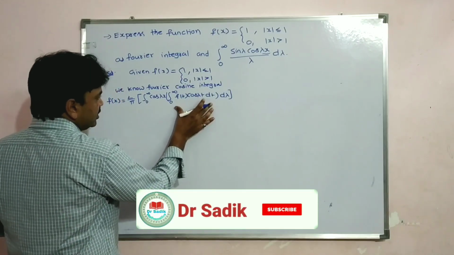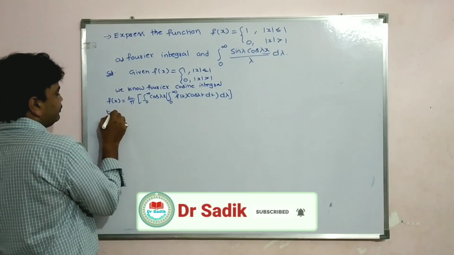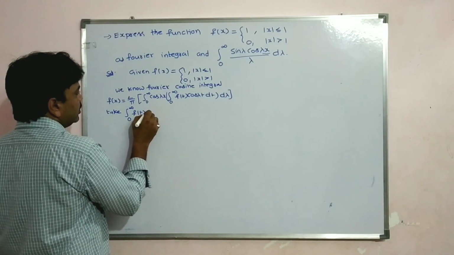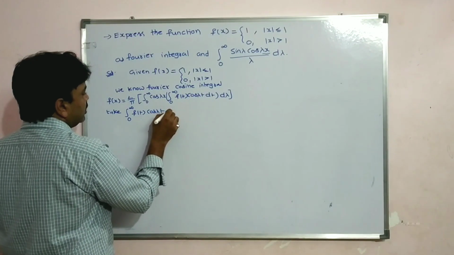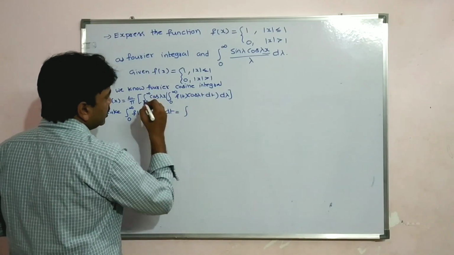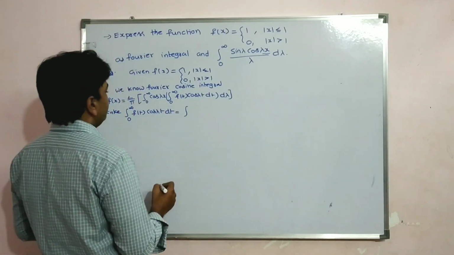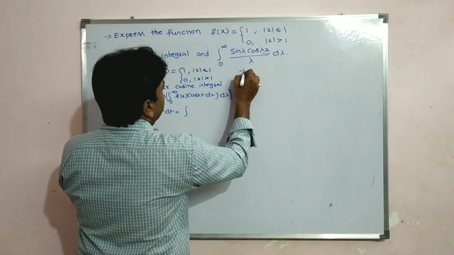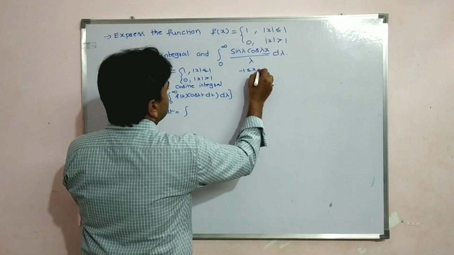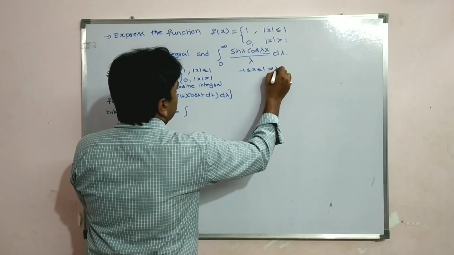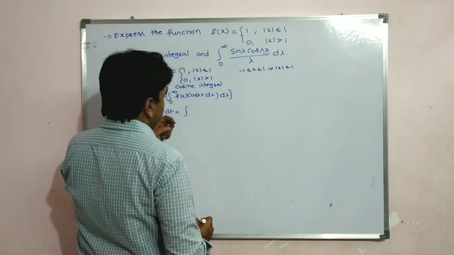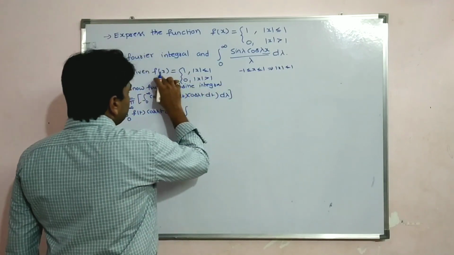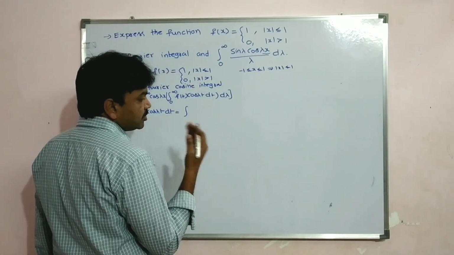Now again you take this inner integration. Take integral 0 to infinity f of t cos lambda t dt. See students, f of t here is modulus x. So modulus x less than or equal to 1 means minus 1 less than or equal to x less than or equal to 1. Minus 1 to 1, the f of x value is 1.